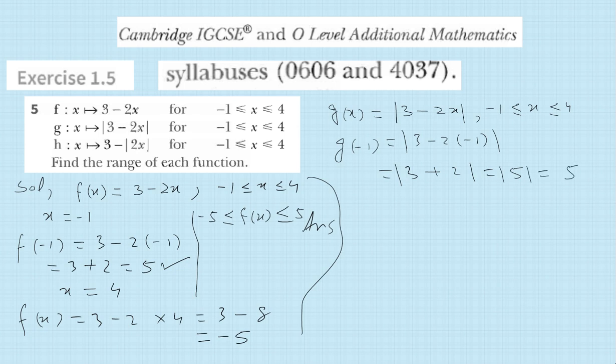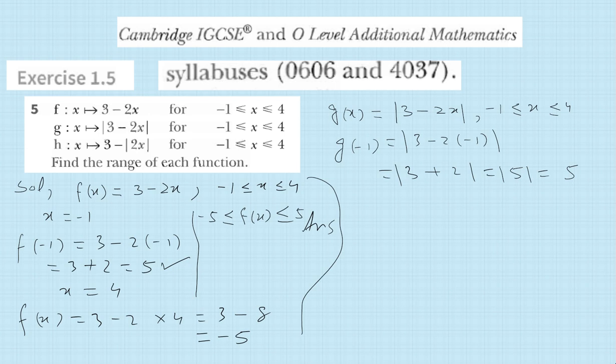Okay, so what should be the other values? Can we get a value which is greater than 5? No, it is not possible. You can verify verbally: if you put 0 you will get 3, if you put 1 you will get 3 minus 2 into 1, if you put 2 and so on. So it is not possible to get a value larger than 5.